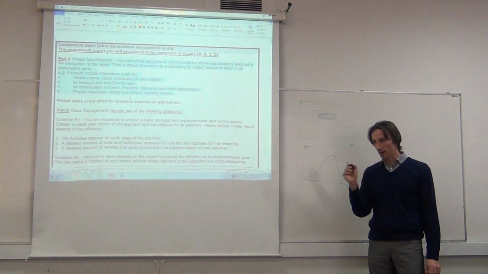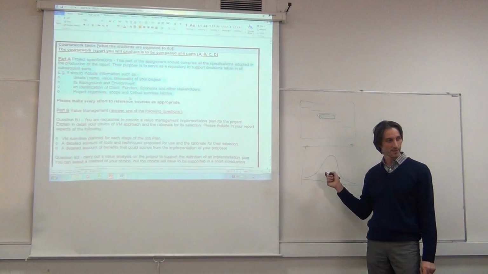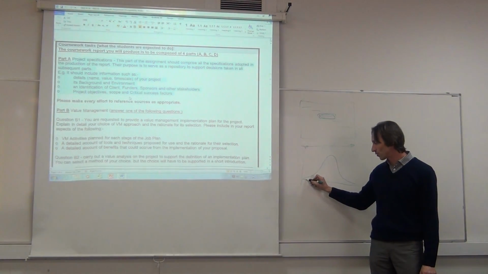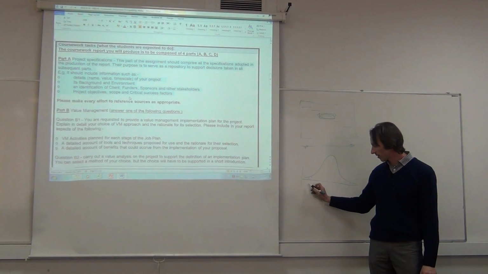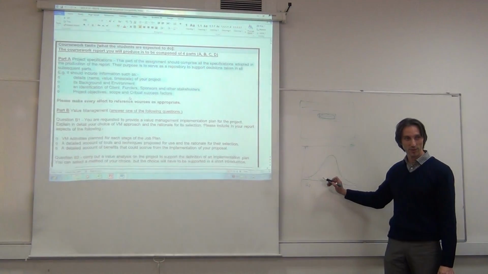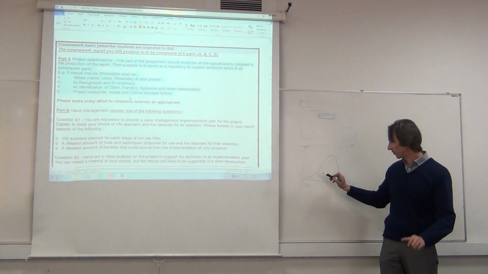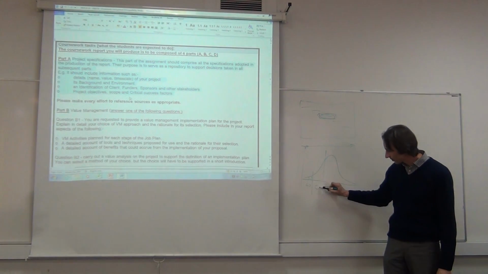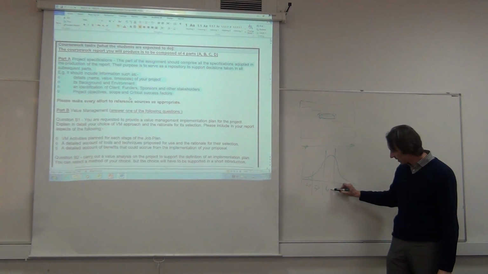If I plot your marks on a scale, they will look like that. There will be somebody that doesn't do very well. So these are the 40s, fail. There will be a few, not in this class of course. There will be a few 50s. There will be a few 60s.